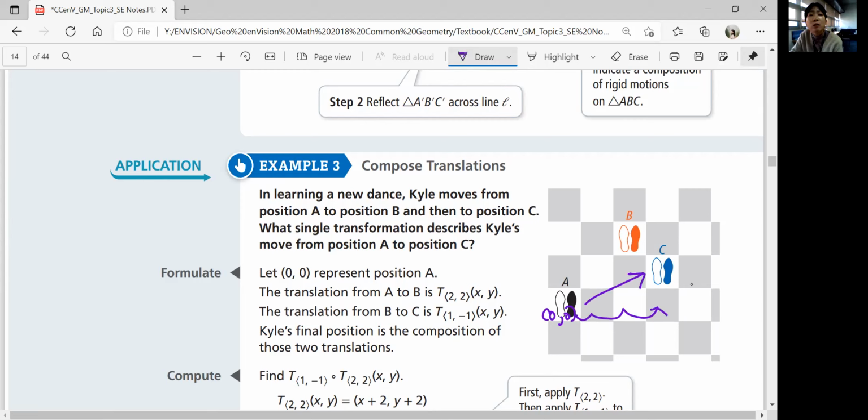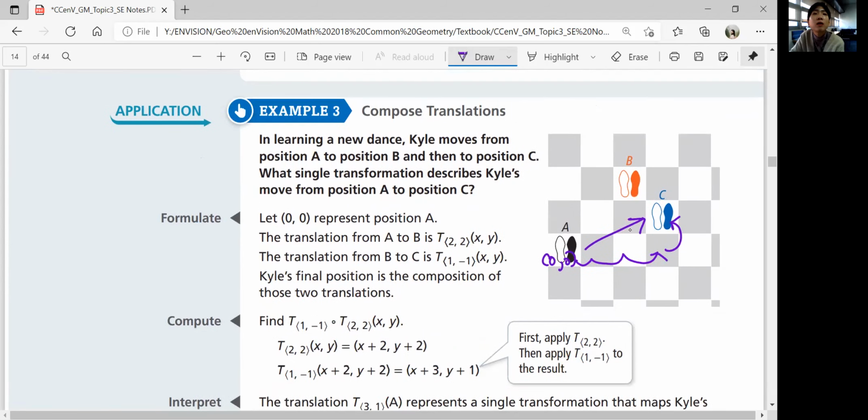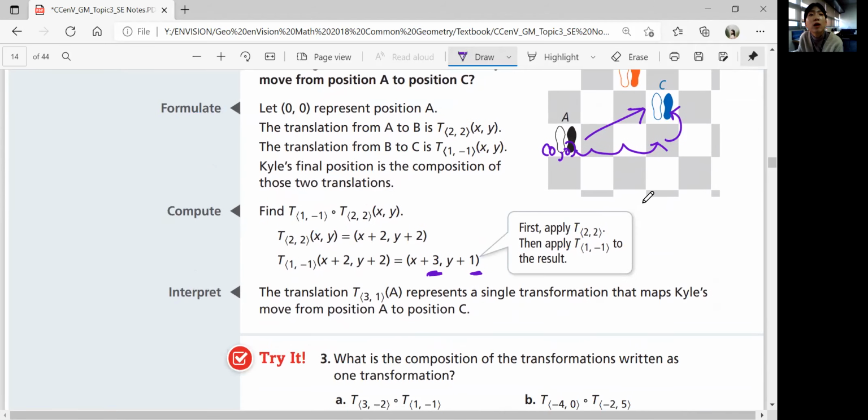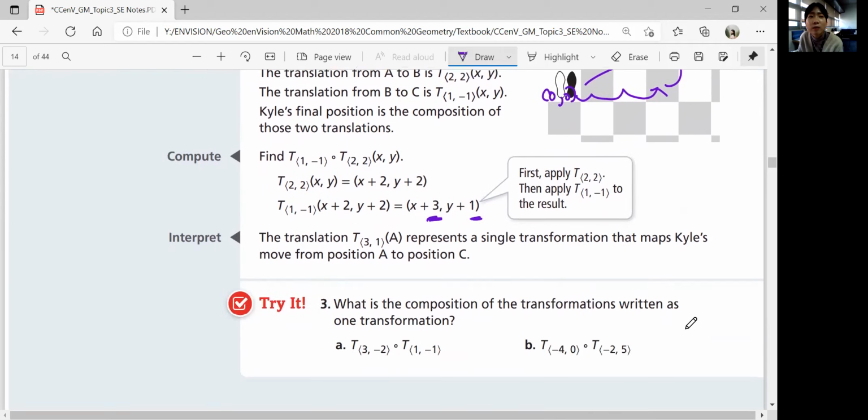And then we went 1 unit up, right? So we already know that he moved to B and then he moved to C. But in total, from the original position, you move 3 units to the right and 1 unit up, right? So you can say T bracket 3, 1 represents a single transformation that maps Kyle's move from position A to position C. Let's look at try number 3.